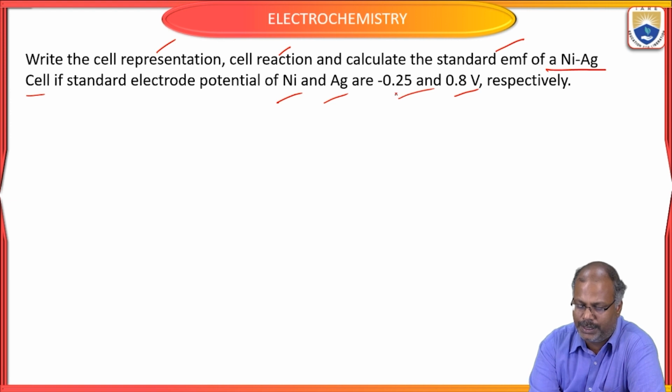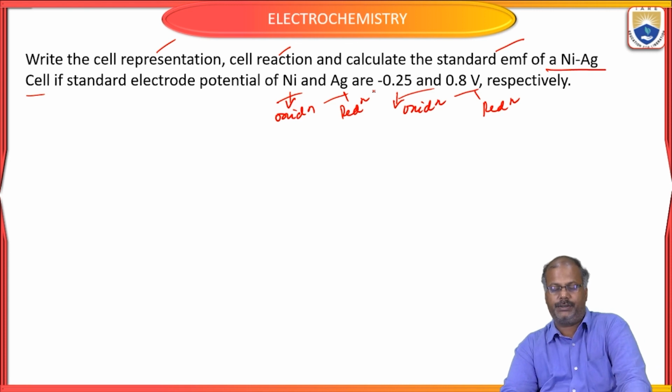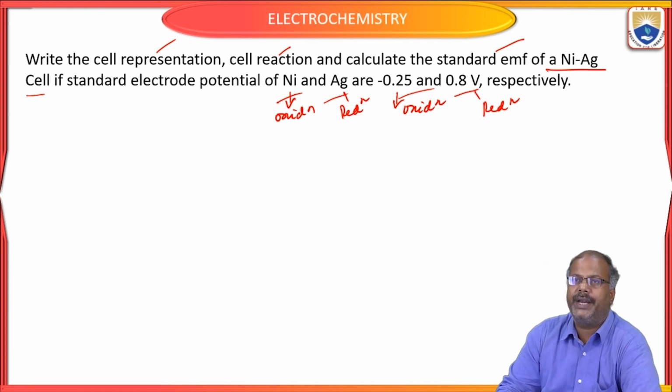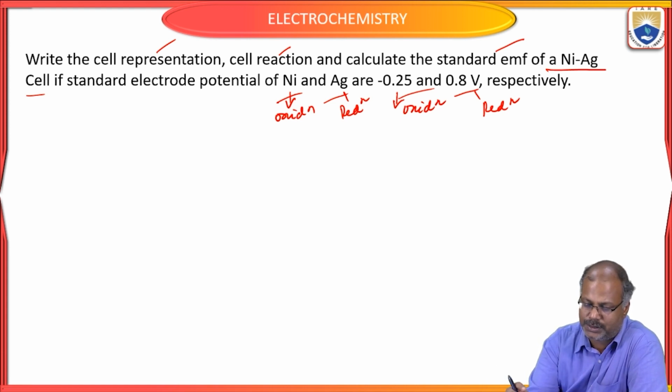Nickel is negative, so nickel undergoes oxidation. Ag is positive, so it undergoes reduction. The more positive will undergo reduction, the more negative will undergo oxidation. So we know this.